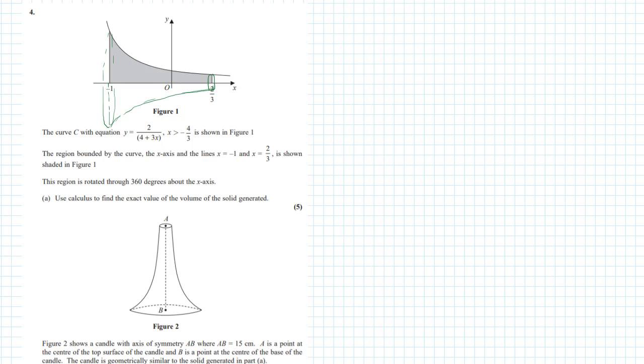So we know that volume is equal to pi integral of y square dx from a to b. So here y is equal to 2 over 4 plus 3x. So y square will be the square of all.